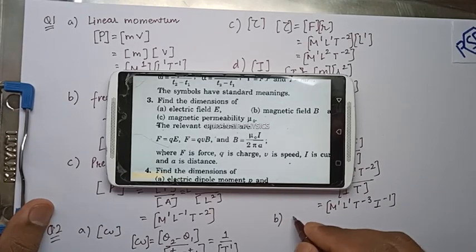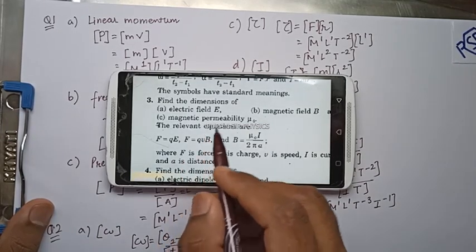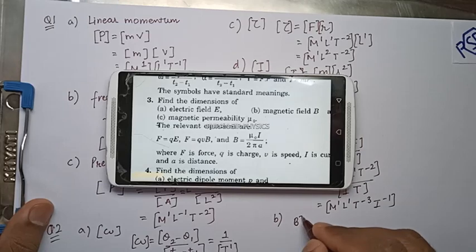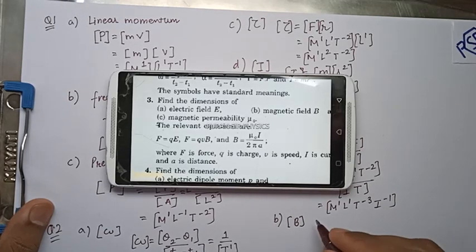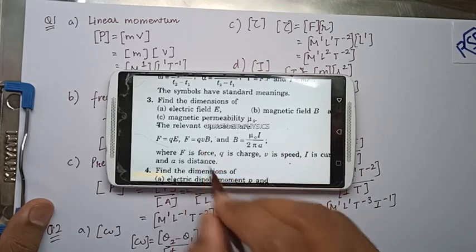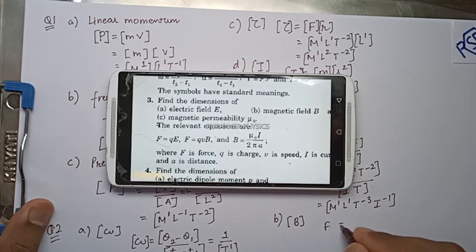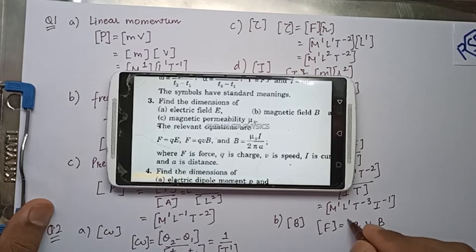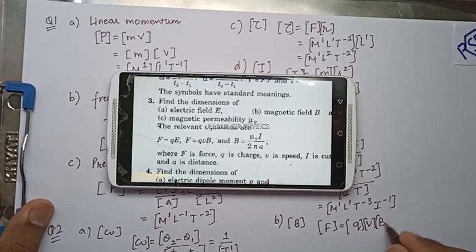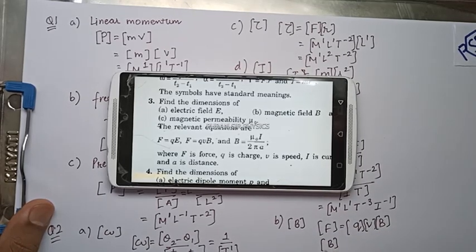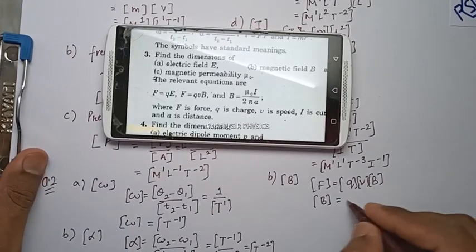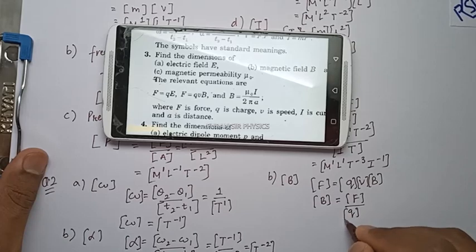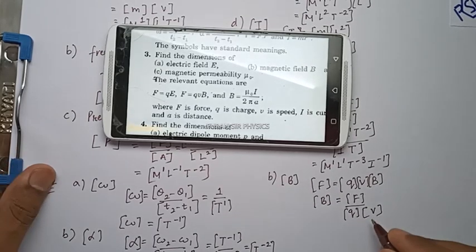In B part, we have to find the dimension of magnetic field. So the formula is also given to us, that is F is equals to Q V B. So from here we can say the dimension of magnetic field will be the dimension of force upon the dimension of charge and the dimension of velocity.